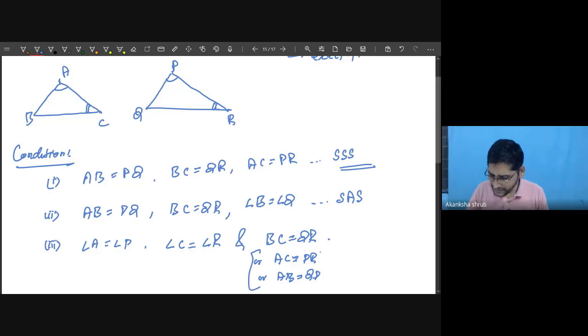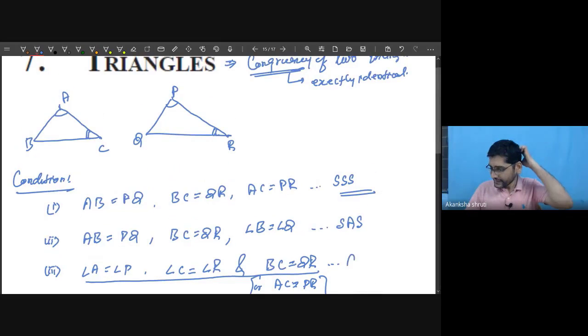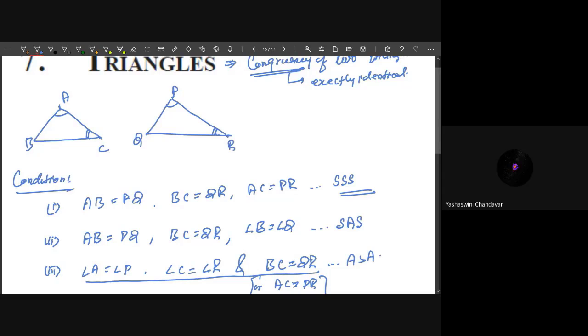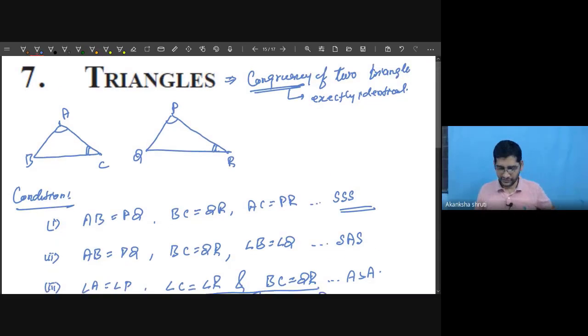Any one of these three will be given. This situation, where two angles and one of the sides are considered, is called ASA congruency.